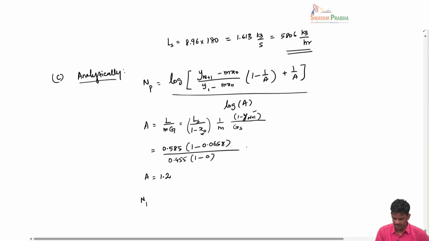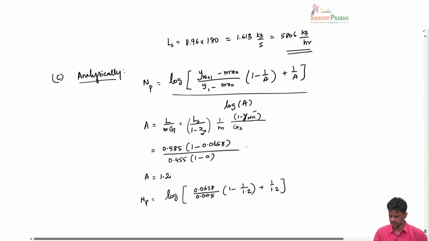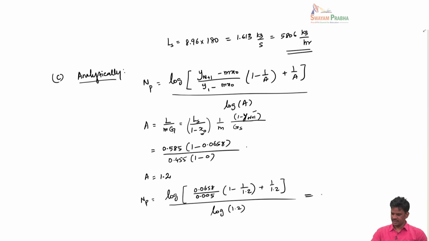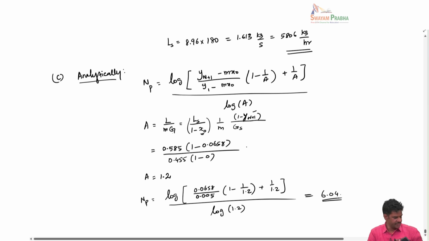So NP will be log of yn plus 1, it's all mole fractions by the way. So 0.0658, x naught is 0. You can use this, I get something like 6.04. Number of theoretical stages based on Kremser equation.